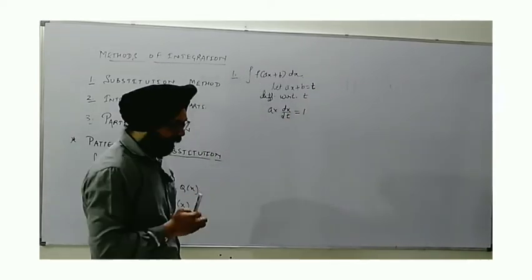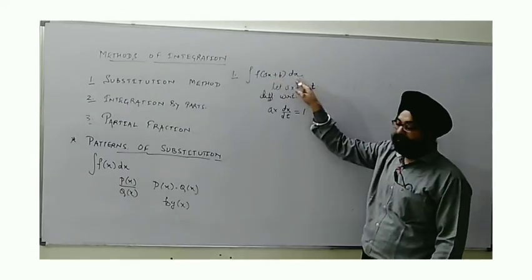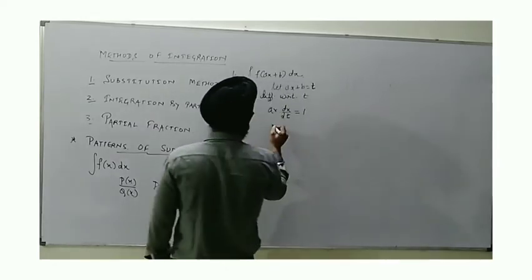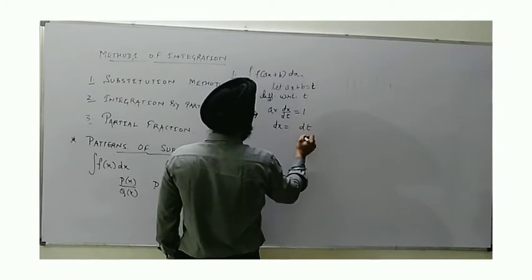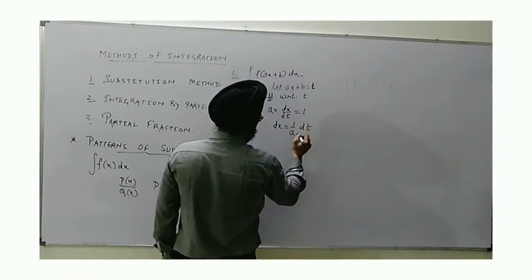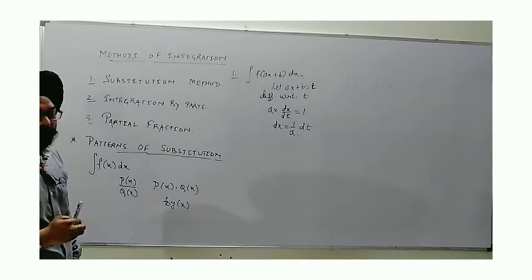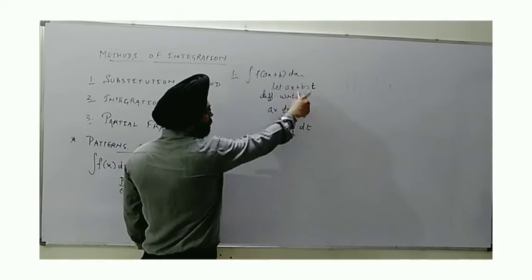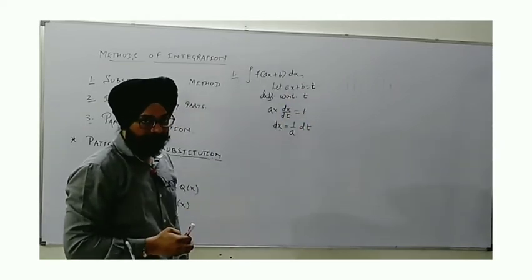Now, as I am using integration with dx, if I conclude from here, I can write this result as dx equal to dt, with 1 upon a as a constant in multiplication with dt. So this way we get the value of dx from this relation. This is the purpose of substitution always.